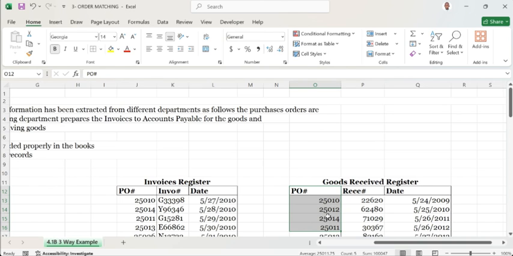I don't know whether it is making sense. When you compare, you have the correct purchase order number, and the invoice has the correct purchase order number, but you are missing the goods receipt register entry for the purchase order. So it means the goods were not delivered.